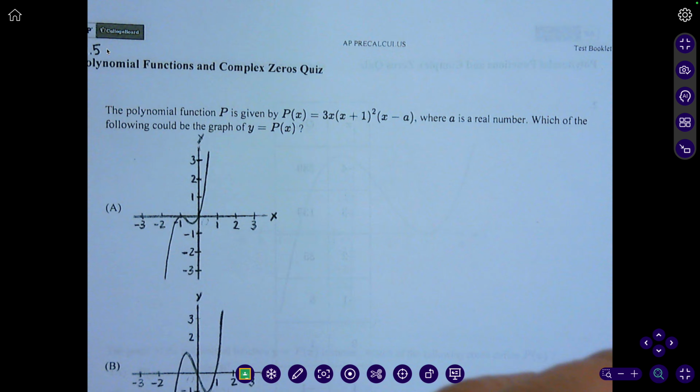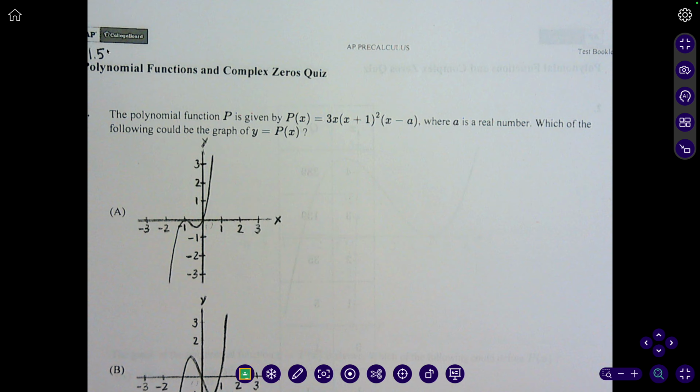Okay, I'm going to close this up. That's done. Let's go to 1.5, number 5. Why don't you try that problem 1 first for me? Try problem 1.